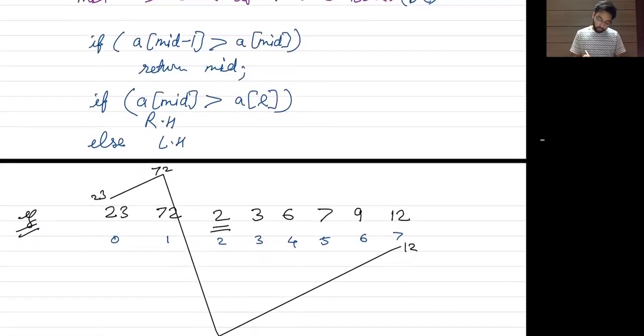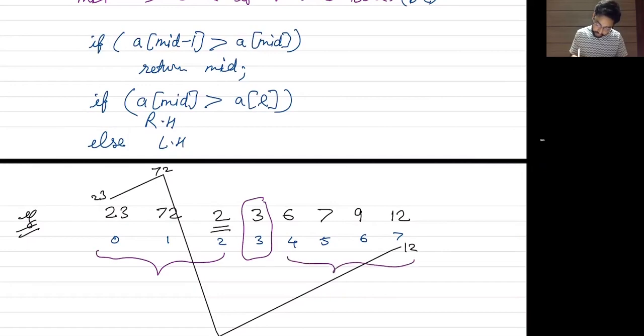Now we try to understand if the solution lies in the left half or the right half. For that, what do we do? We compare the mid element with the leftmost element. So we compare 3 with 23.